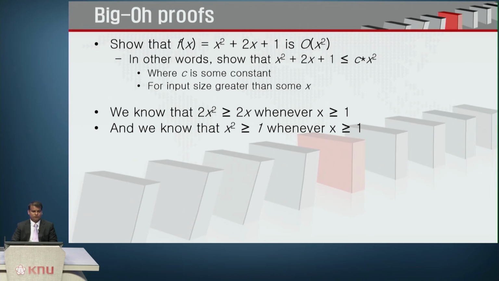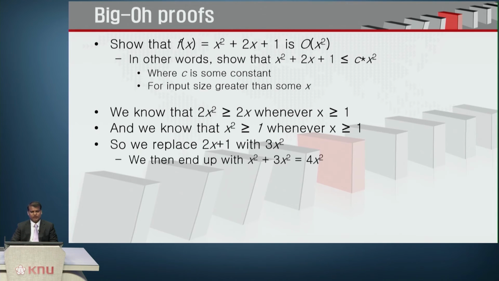So x square is greater than 1 whenever x is greater than 1. So we will replace 2x plus 1 with 3x square, and you can see the whole relation: x square plus 3x square equals 4x square.